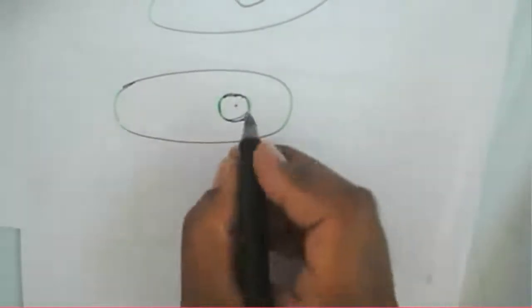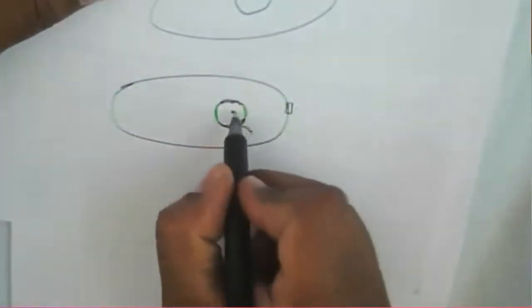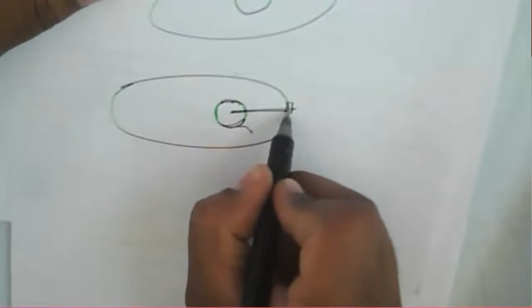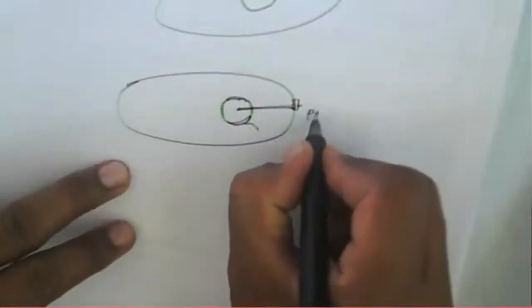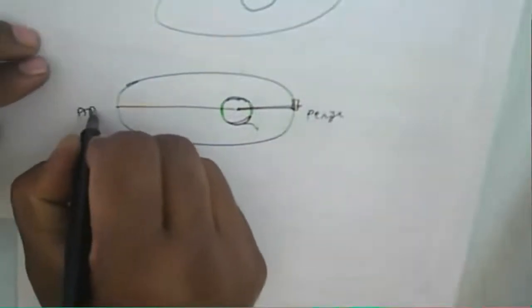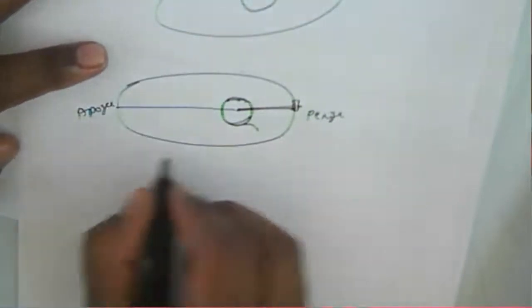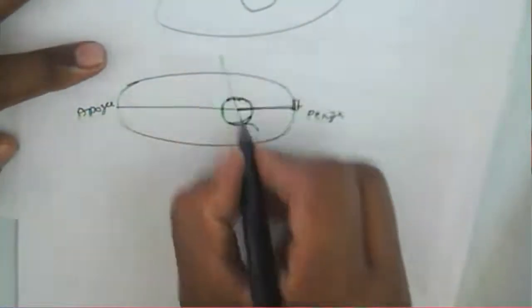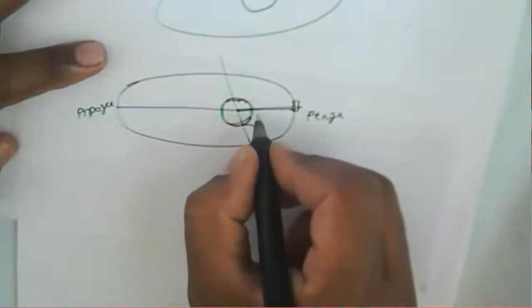This one is your earth, and this one is your satellite orbit. The point nearest to the satellite from the earth is the perigee, and the point far away from it is the apogee.